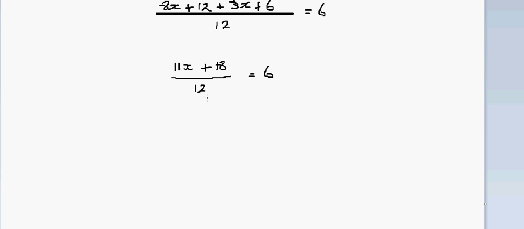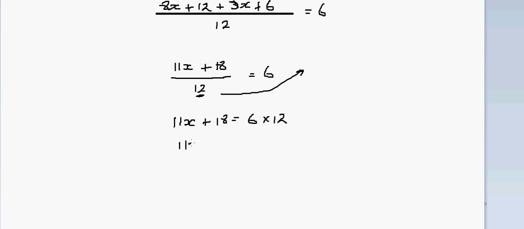Now we want to get rid of this 12. Okay, now at the moment the 12 is dividing. So if I bring this 12 over, instead of divide, it multiplies. So we get 11x plus 18 equals 6 times 12.